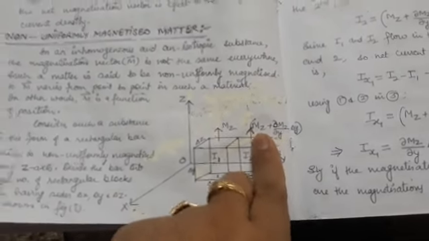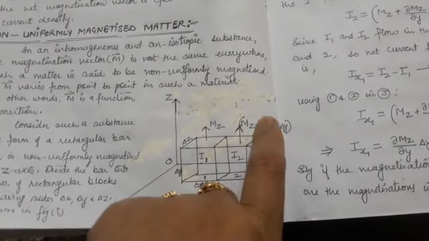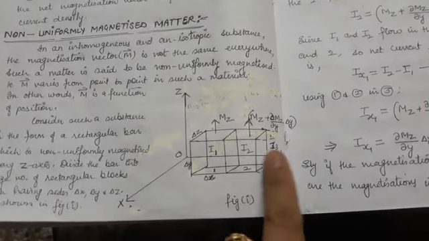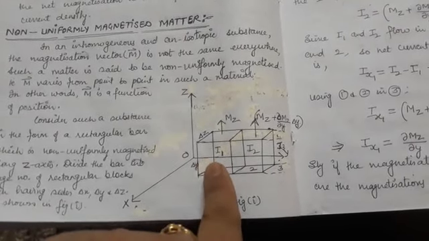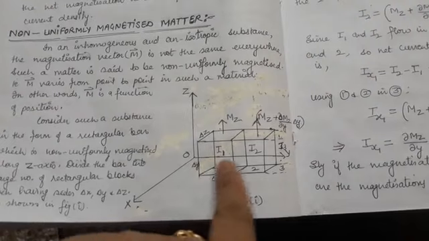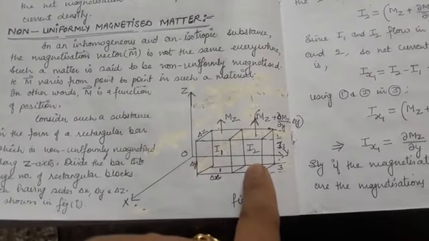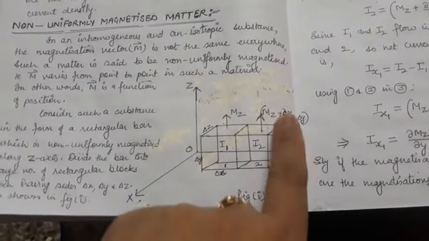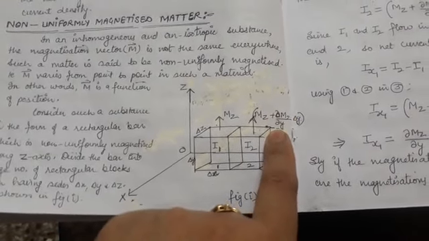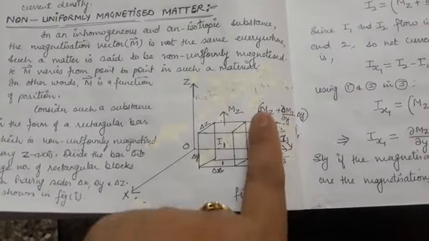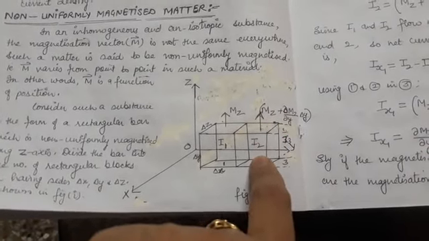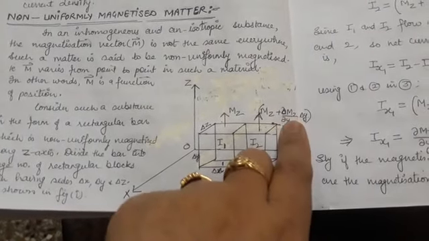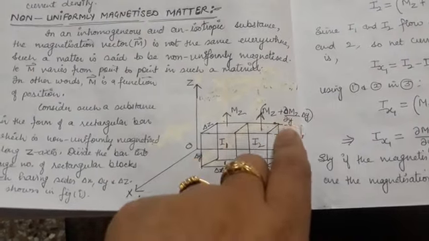First of all, I wish to tell you how Mz plus ∂Mz/∂y into delta y comes out. Since the second bar is ahead of the first bar through a distance delta y along the y-axis, what is the rate of variation of Mz along the y-axis? It is ∂Mz/∂y. That means the magnetization vector for the second rectangular bar must be greater than Mz by this amount. So what is ∂Mz/∂y?